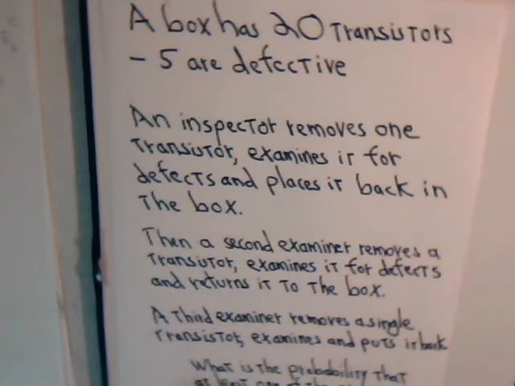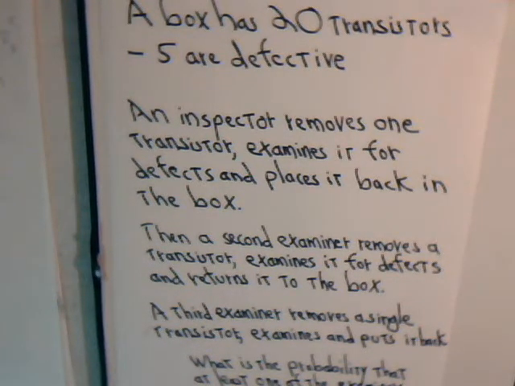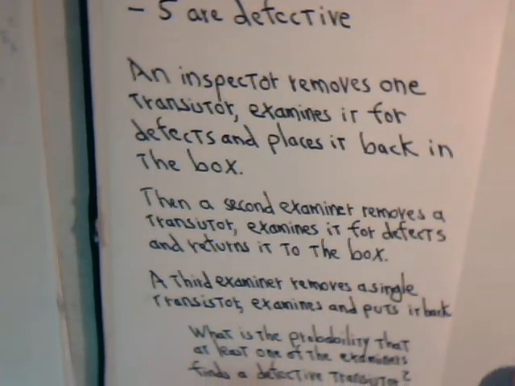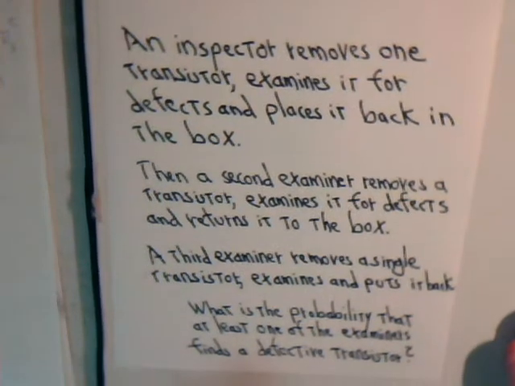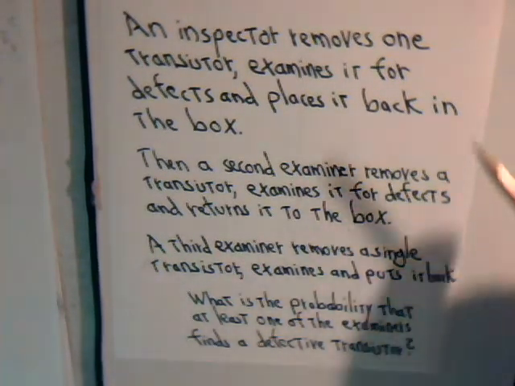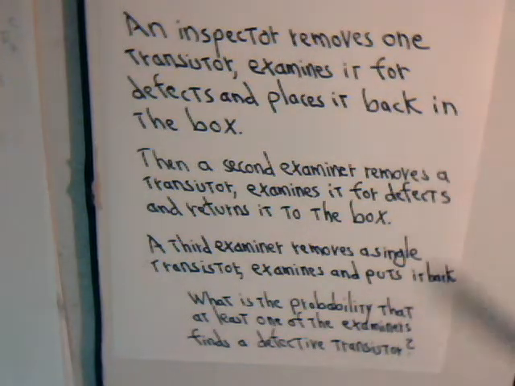Okay, in this one, we have a problem that states: a box has 20 transistors, 5 of them are defective, and an inspector examines the contents of the box. He takes out one transistor, examines it for defects, and places it back into the box. Then later, a second examiner comes along and does the same thing. So when the first examiner is finished, he puts the transistor back in the box, so the box still has 20 transistors with 5 defective ones.